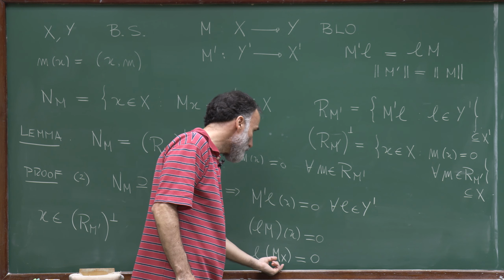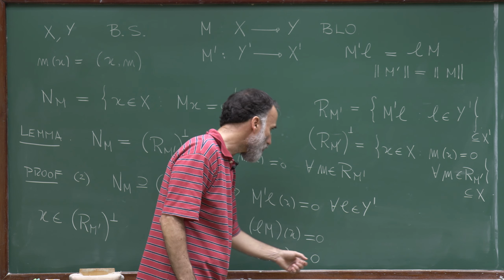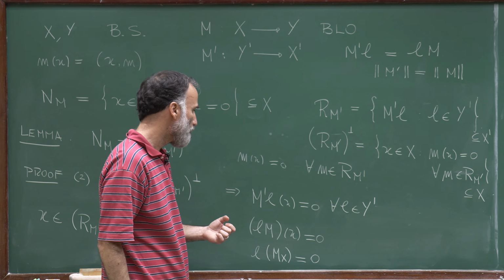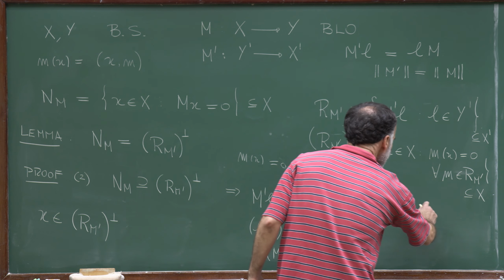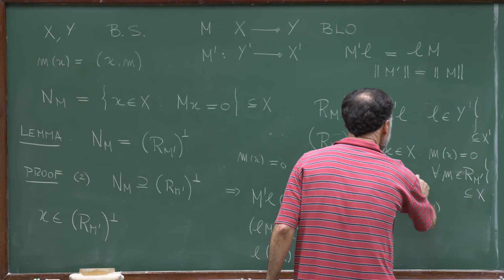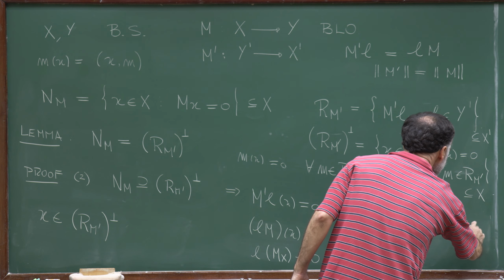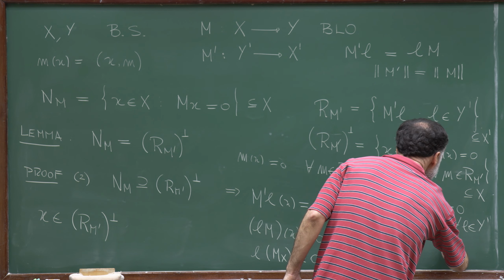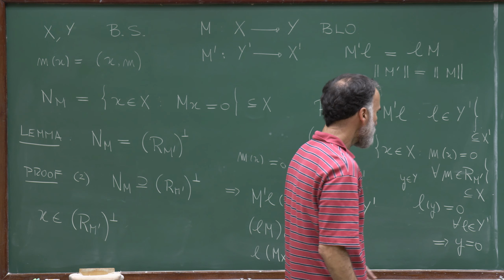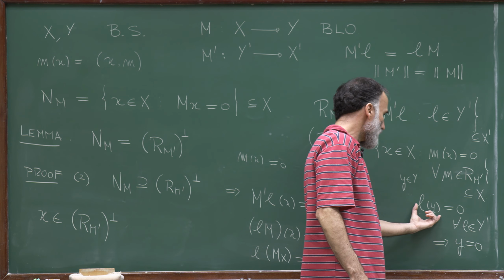If you have an element Y in Y such that L of Y is equal to 0 for all L in Y prime, it means that this element is equal to 0. Right? So if L of Y is equal to 0 for all L in Y prime, this implies that Y is equal to 0, because you can represent the norm of Y in terms of the absolute value of L of Y.